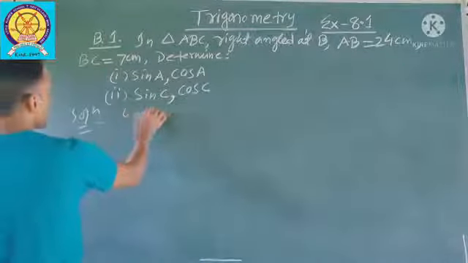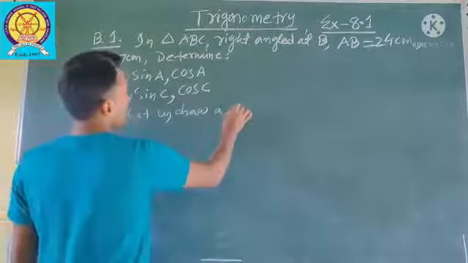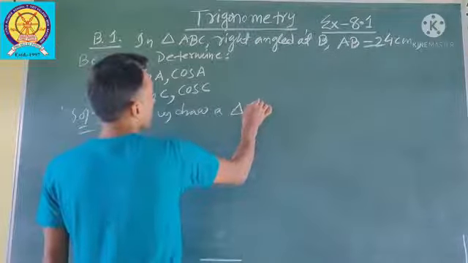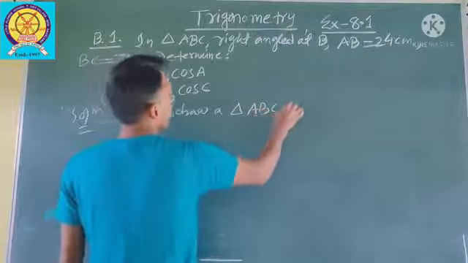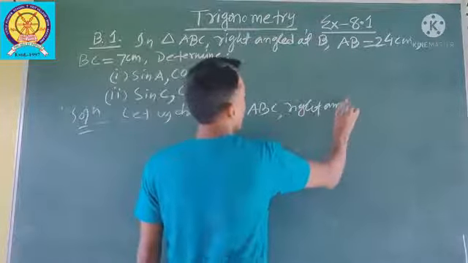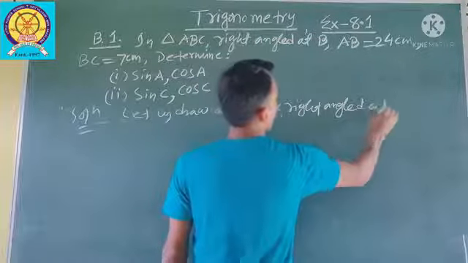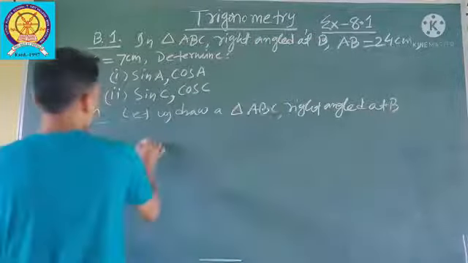So let us draw a triangle ABC, right angle at B. Draw a triangle.